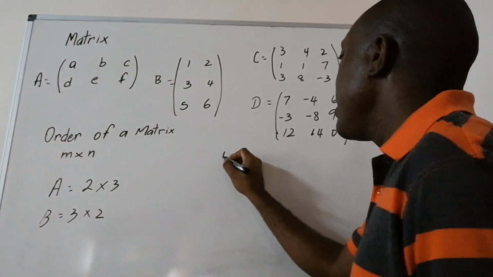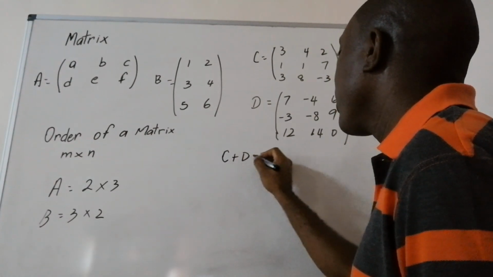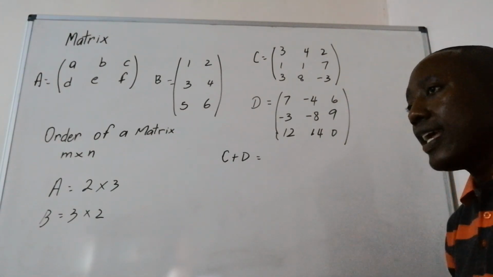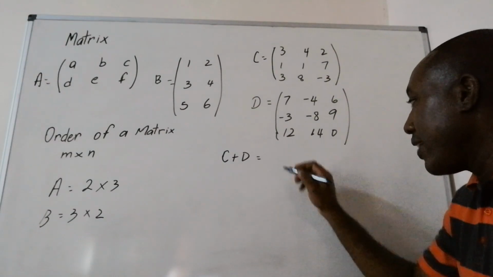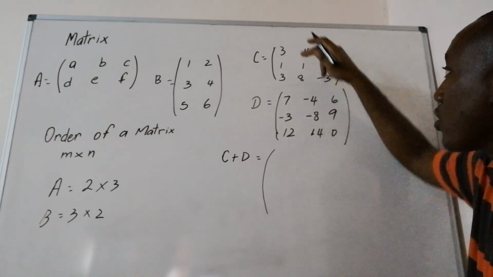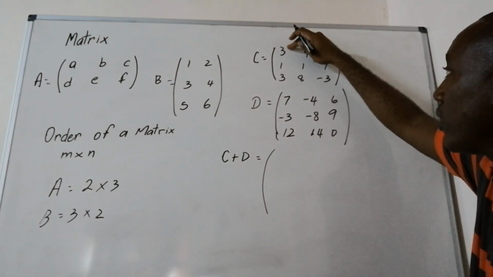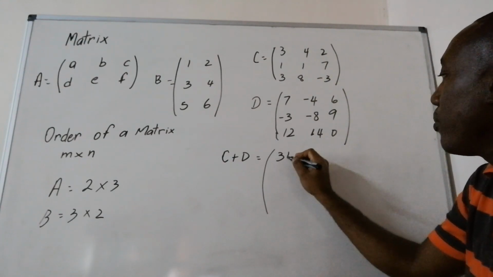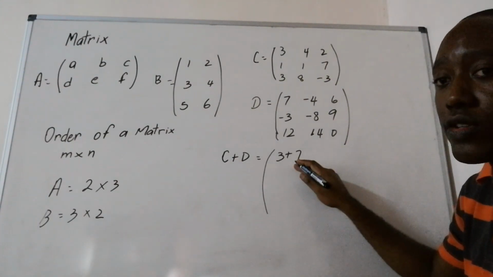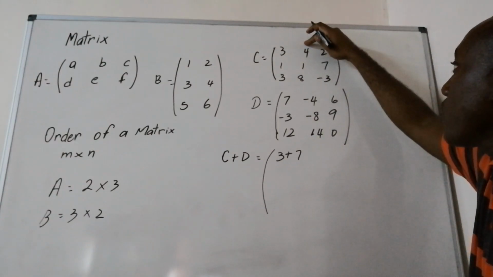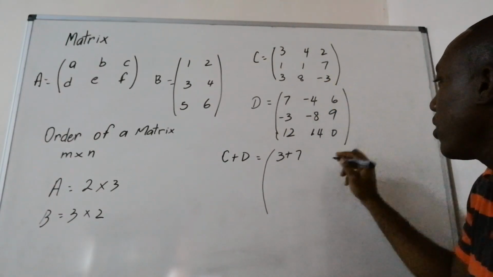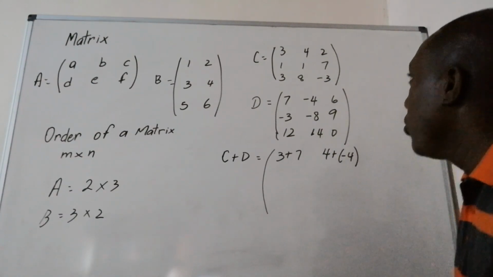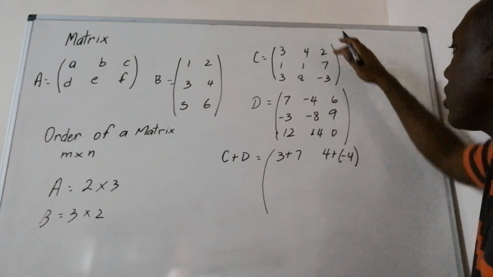So if we were to add C plus D, how do we do that? We add the numbers in the same position. So the number in first row, first column, plus first row, first column. That will be 3 plus 7, and it stays in the first row, first column. First row, second column: 4 plus negative 4.